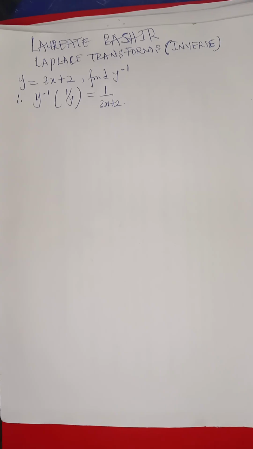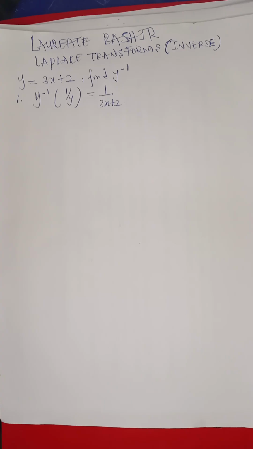You understand? But when we're talking about the inverse of Laplace, you have to know all the Laplace functions that we have done before. Because if I ask what's Laplace of k, which is a constant, you say k over s. It means if I ask you what is Laplace inverse of k over s, you say k.